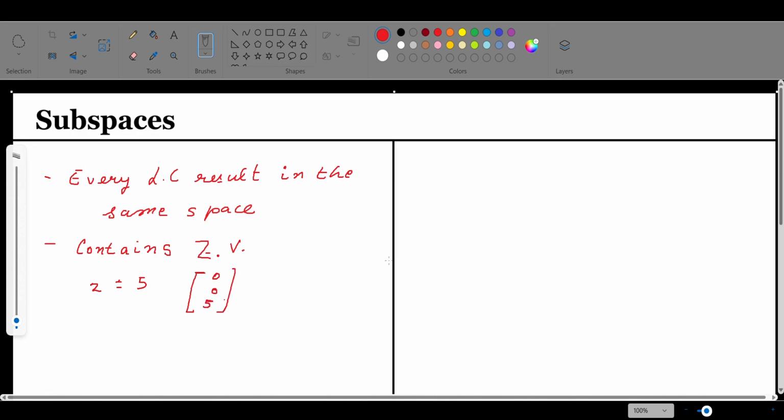Now let's say you multiplied this vector with 0. You would get 0, 0, 0. But the origin is not included in that plane at all, because this plane is sitting at height 5. Therefore, you cannot take a plane within the R3 space that does not contain the zero vector.